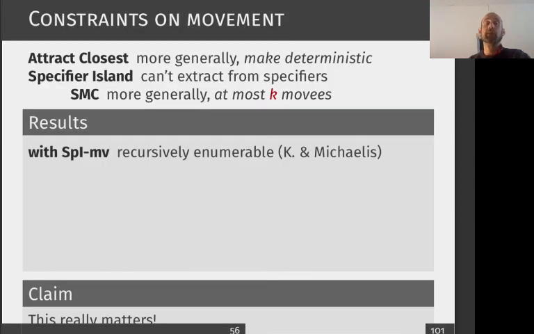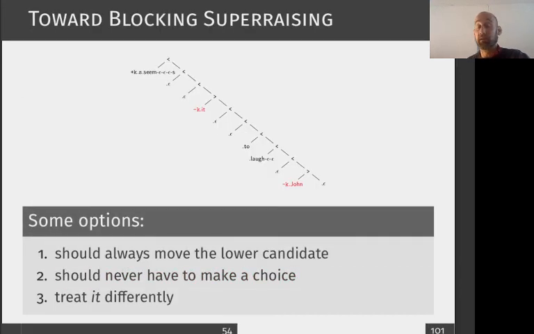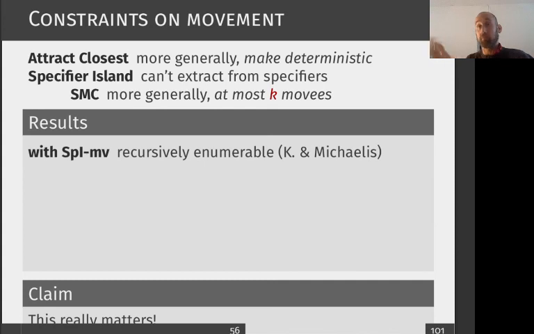Okay? So what are some constraints on movement? Well, there's an attract closest constraint, which is the opposite of move the farthest, right? You should always move the lower candidate. I didn't choose that because that's the exact opposite of what current dogma says you should do, right? But that's one of the things that people say. You should always move the closest guy. It doesn't work in this case.